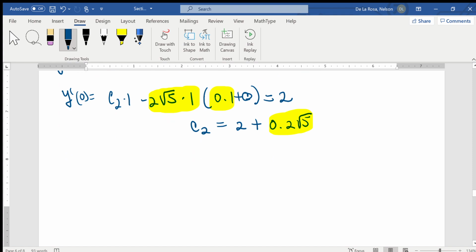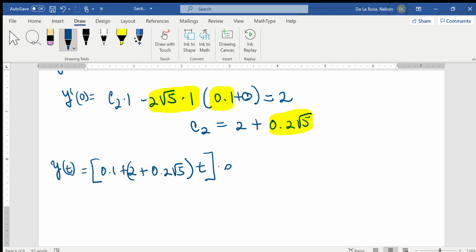So we continue, and our solution of the differential equation is going to have this form: 0.1 plus, in parentheses, 2 plus 0.2 square root of 5, times t, times e to negative 2 square root of 5 t.